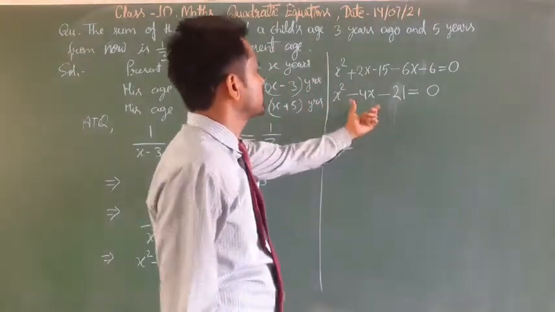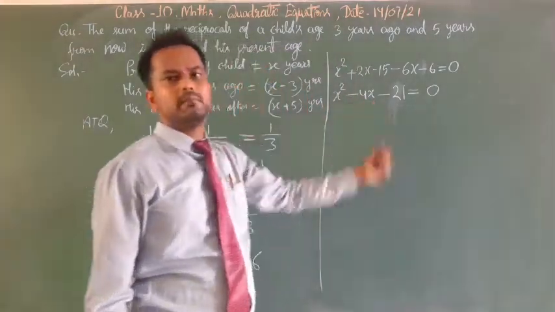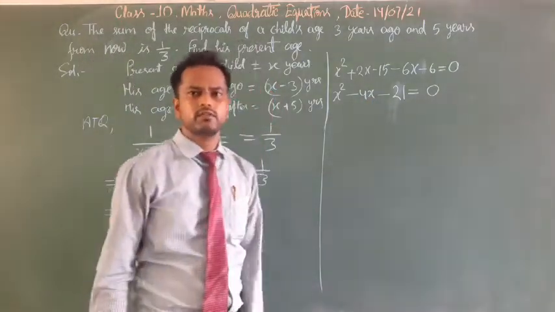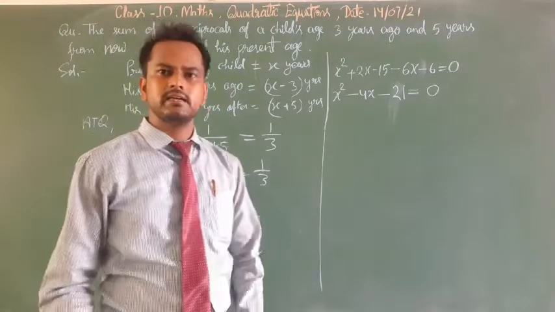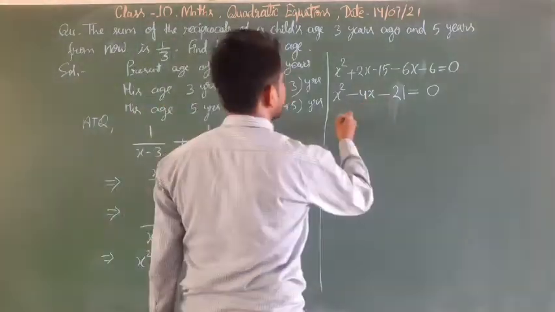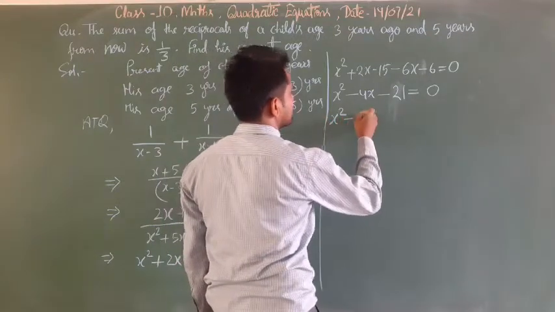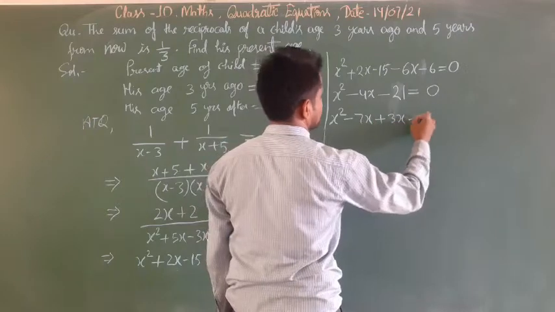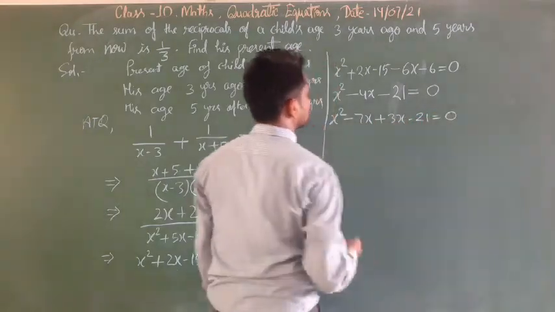Now apply the middle term splitting method. 7 times 3 is 21, and if you subtract 3 from 7 you get 4. So this middle term can be written as x square minus 7x plus 3x minus 21 is equal to 0.